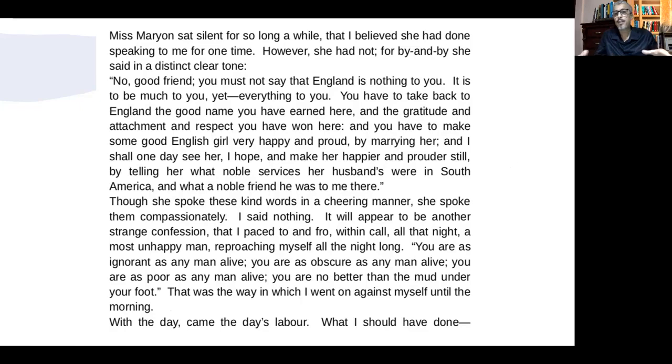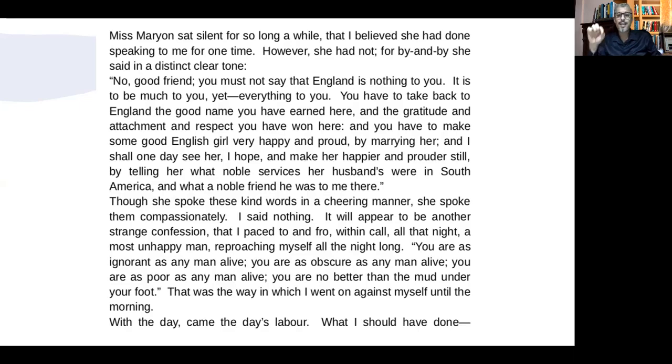That's social mobility. Don't think about becoming an officer, but the honor is more than enough for you. Her husbands were in South America, and in reality it should be India at the time. She spoke these words, and what a noble friend he was to me there, because he helped her a lot.